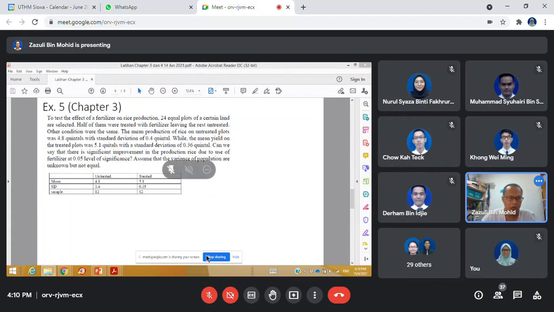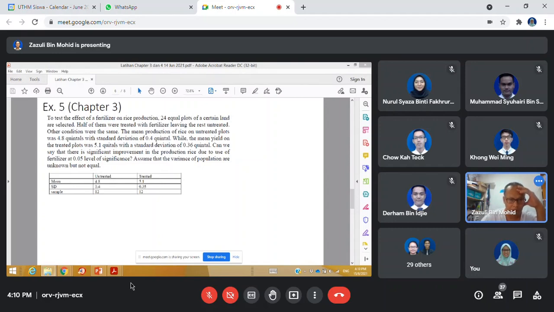Half of them were treated with fertilizer and another half of them were not treated. Other conditions were the same, maknanya condition lain adalah sama, and the difference is only whether it was treated with fertilizer or not.